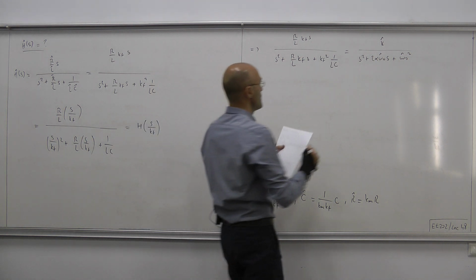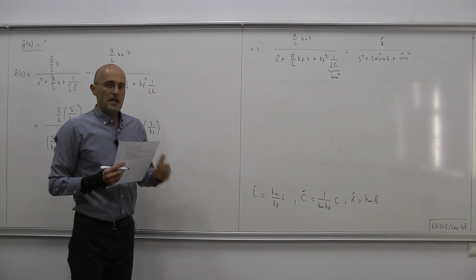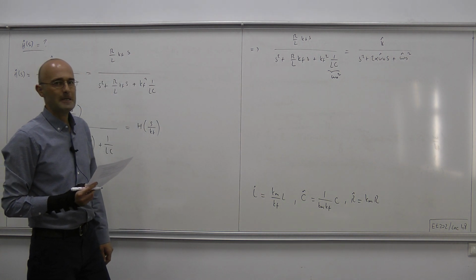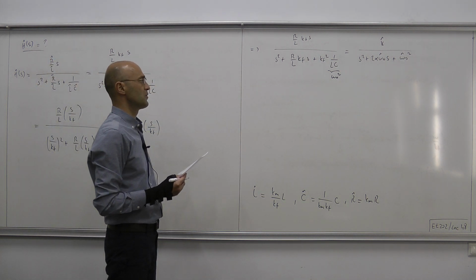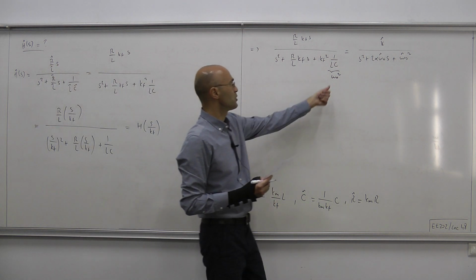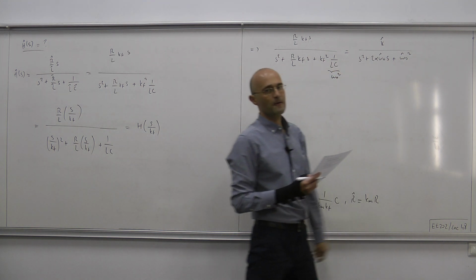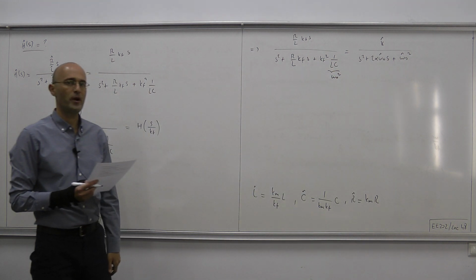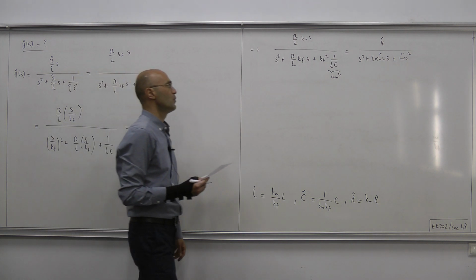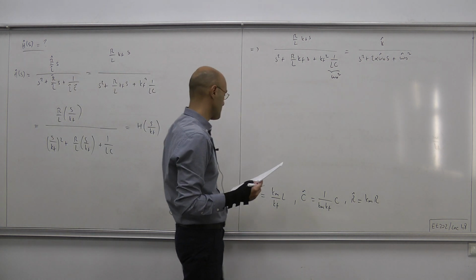Okay, so this here 1 over lc equals the square of our initial center frequency or initial peak frequency. Okay, and then initial peak frequency squared times kf squared equals the new peak frequency squared. Okay, and from there we can figure out the frequency scaling factor.